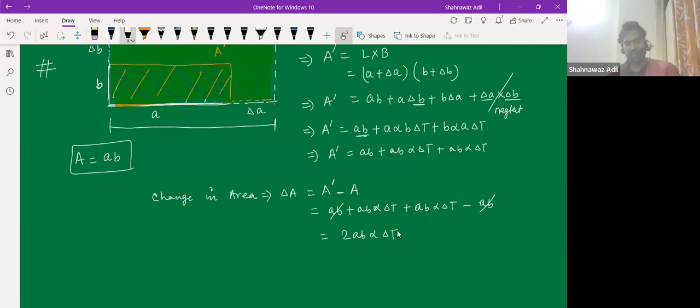Is this part clear, guys? Yes, sir. Okay, now you tell me, from superficial expansion, you already know what delta A would be. That would be beta, whatever the area was, and the change in temperature. Correct, guys?